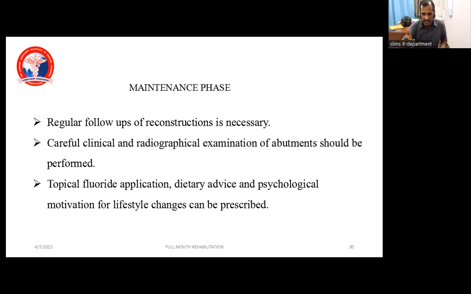Now the other area of concern is how to maintain the vertical dimension, how to maintain the replaced tooth from the occlusal wear.